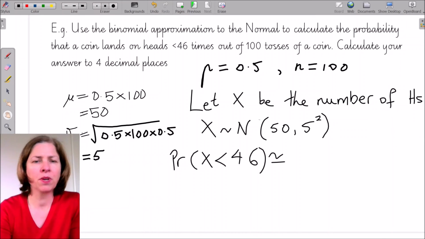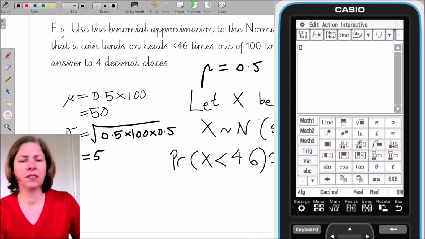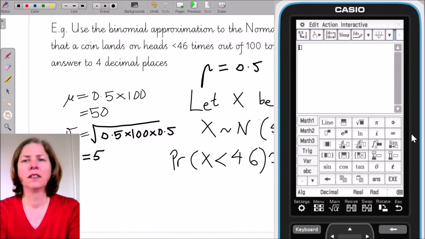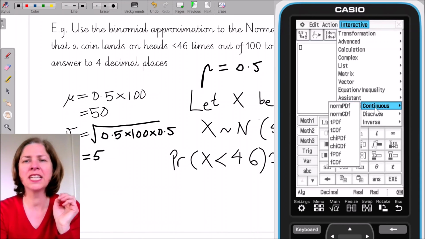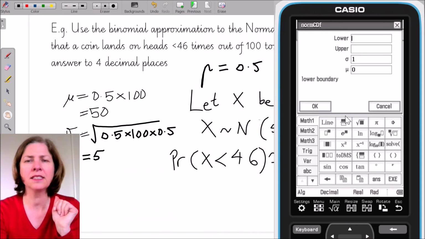So I'll just bring up my CAS. There it is. I hope that's big enough for you to see. And so I'm going to interactive, distribution, and I'm going to continuous because I'm using the normal distribution to calculate this.